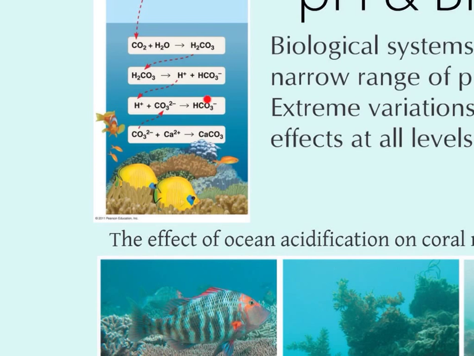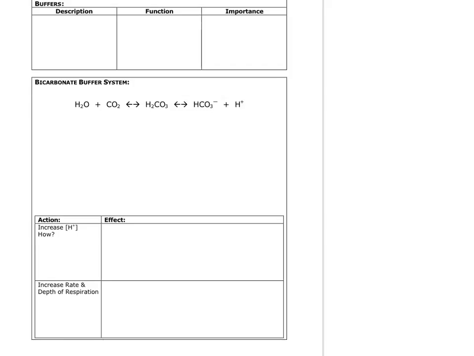This is the stuff that's going to be turning the BT yellow. Okay, so the main thing to write down is resist pH change. So it's something that you add in order to resist pH change.